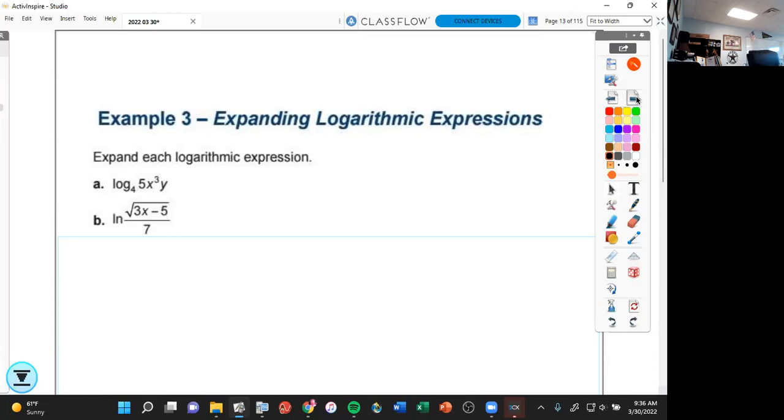For the first one, you could do log 5x cubed y over log of 4. So you're wanting to do a change of base and convert it to base 10? I could. No, then you would have it in the log.